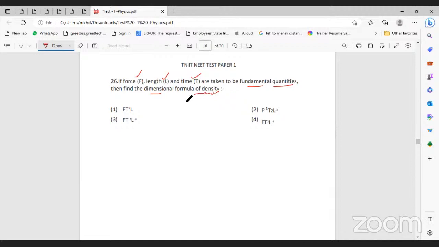Now assume that density, which is denoted by the symbol rho, is directly proportional to the force, the length L, the time T. How to write the dimensional formula for that?